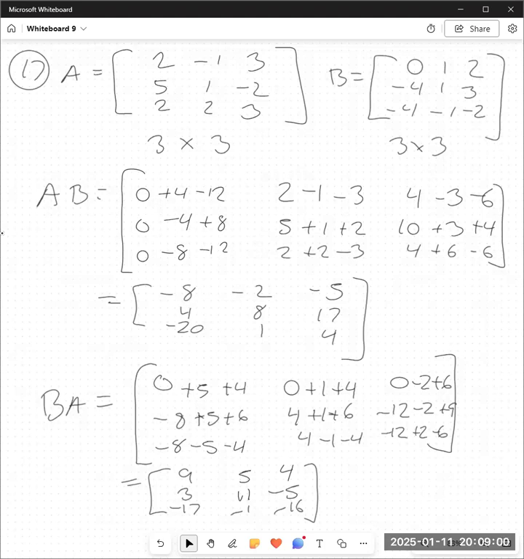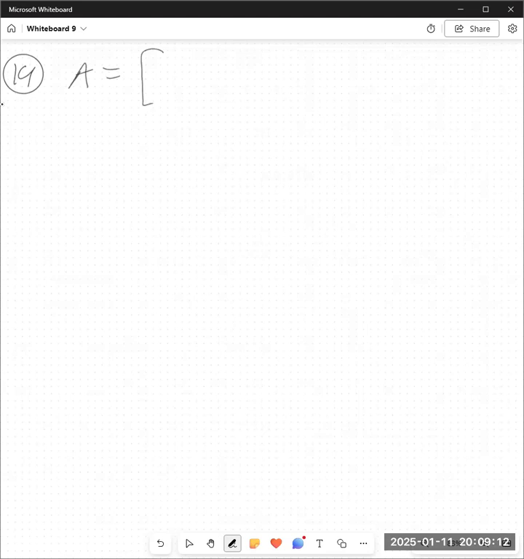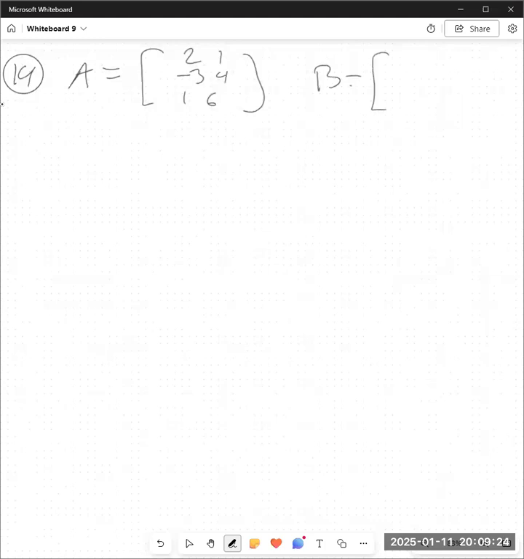Let's look now at number 19. A is equal to 2, 1, -3, 4, 1, 6. B is equal to 0, -1, 0, 4, 0, 2, 8, -1, 7.